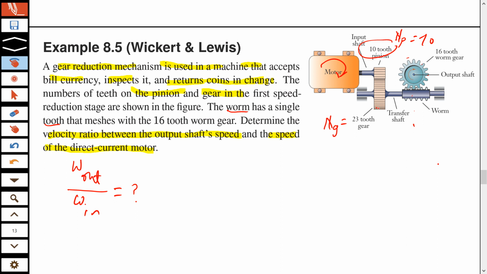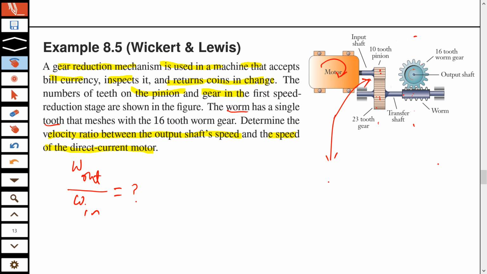Now this shaft in the middle, this transfer shaft is common, because this same shaft is involved here and this same shaft is involved here, which means that if we want to write the transformation for these two gears in this meshing, this is the meshing point. So for this meshing point, I have two gears, the pinion and the gear.